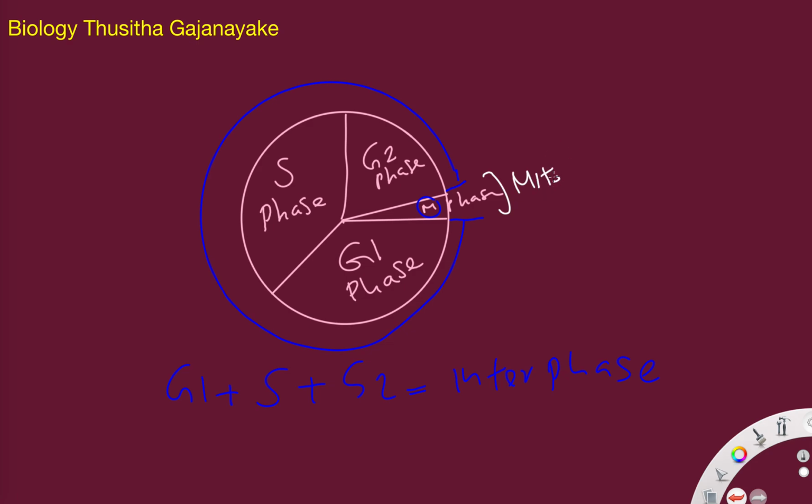So we can say mitosis. Mitosis is the dividing of the nucleus, followed by the division of the cytoplasm. That's called cytokinesis.